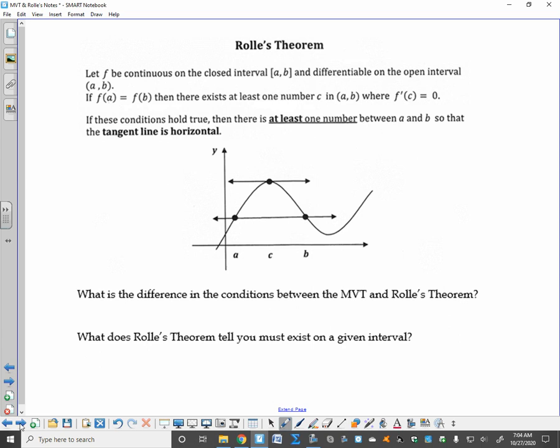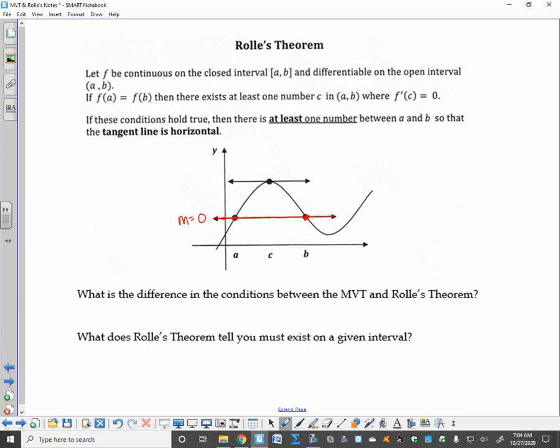Well, if f of a and f of b are equal, then won't that make this a horizontal line? And if that's a horizontal line, won't its slope always be 0?